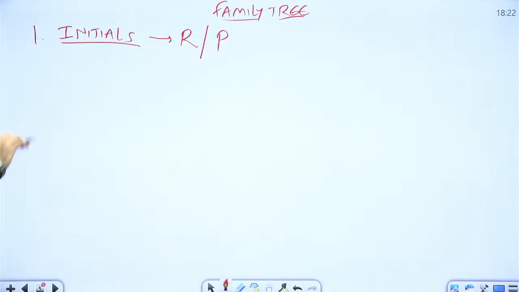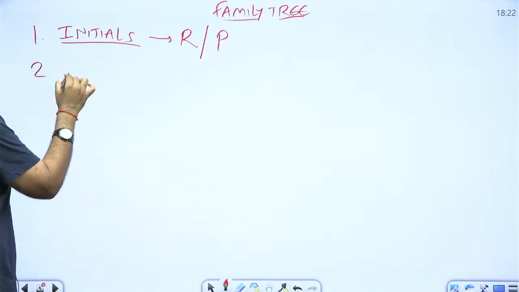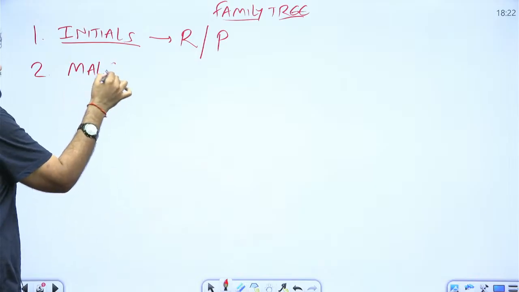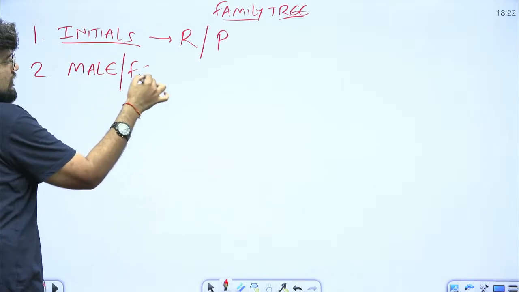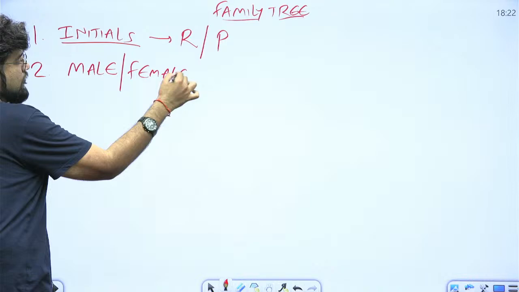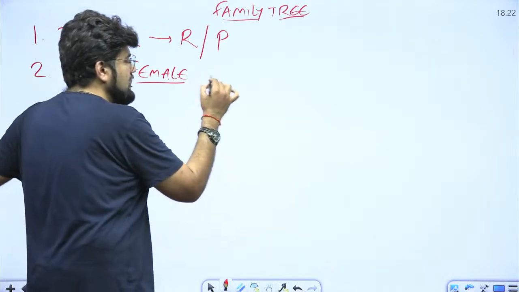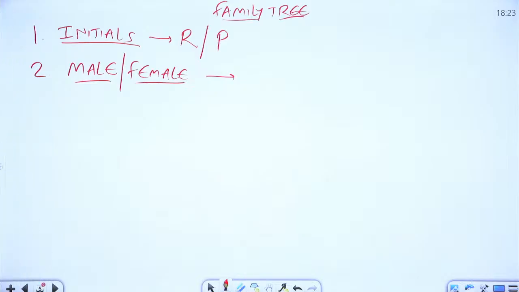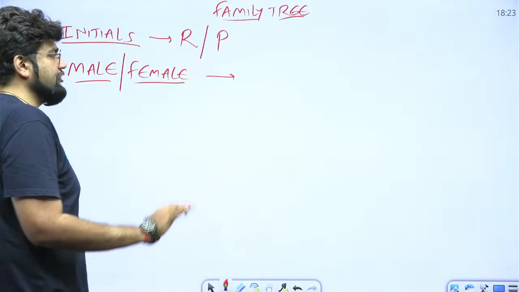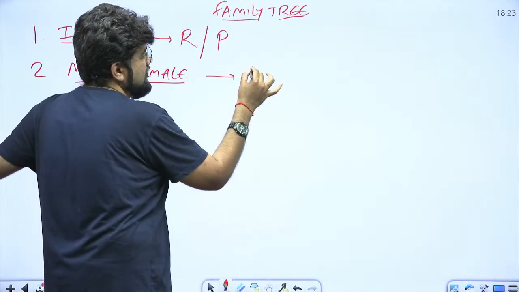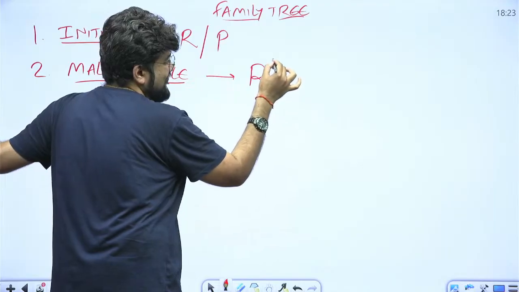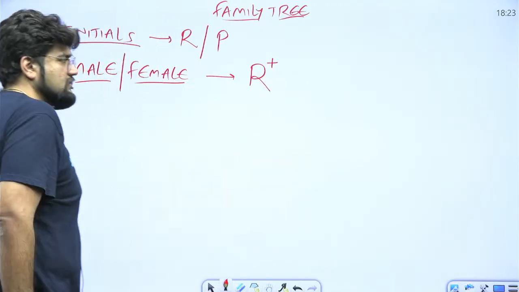Use the initials. Point number two, which is a very important point. If you want to depict a male in the question, so, if you are aware that this person is a male or this person is a female, how will you depict them? Again, there are multiple methods which people use to depict the male and female. What I prefer is that if you know that Rahul is a male, you draw R and you write a plus sign on top.